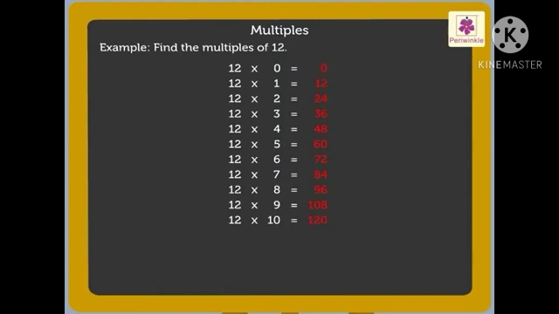These are the multiples of 12. Like this we have to find multiples.